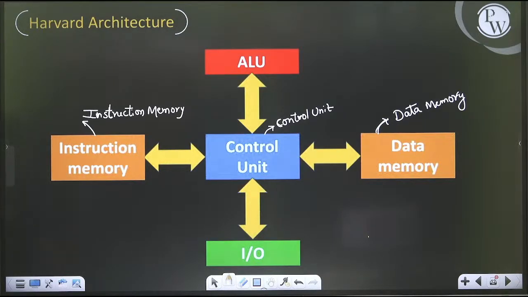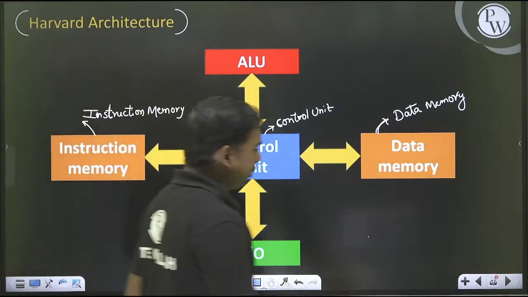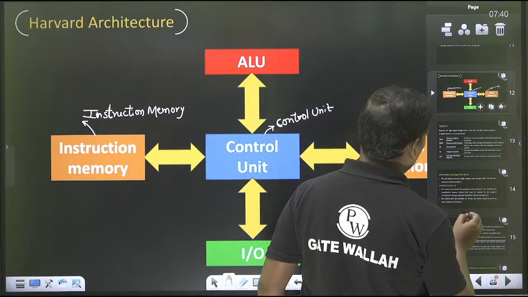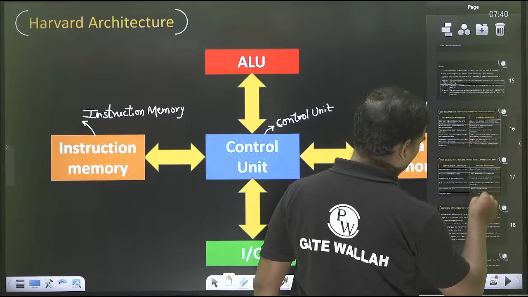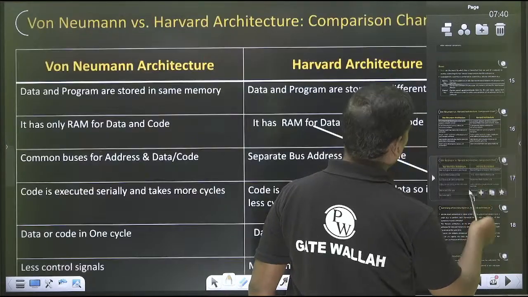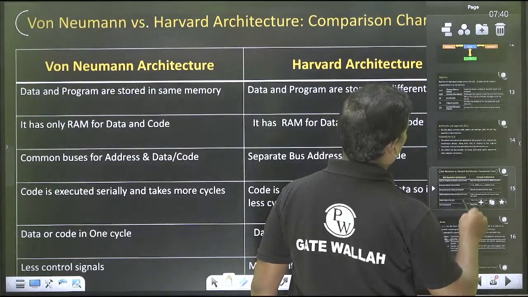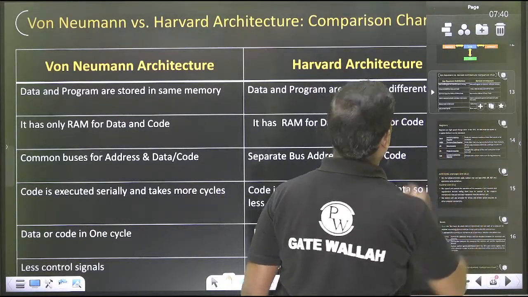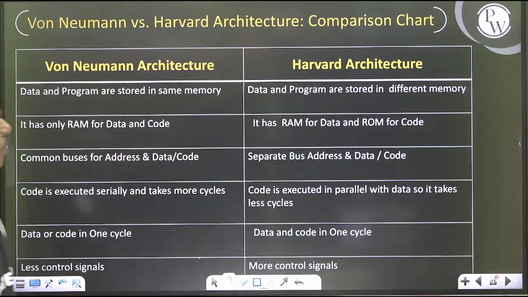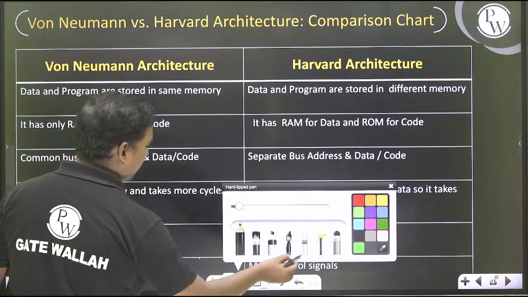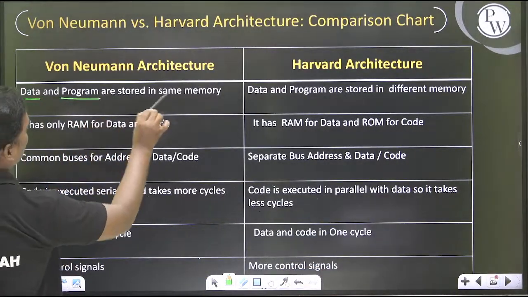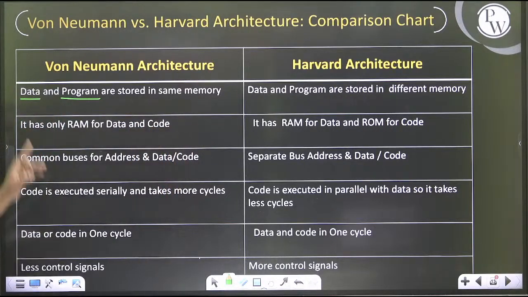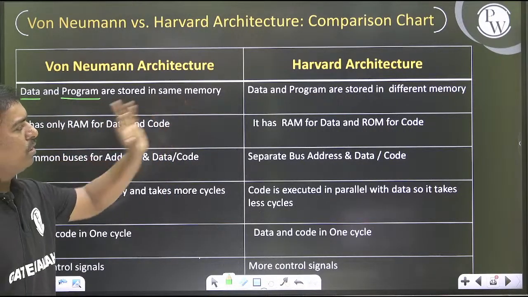So what are the major differences between von Neumann and Harvard? Please see the differences. In von Neumann, the data and program are stored in the same memory.